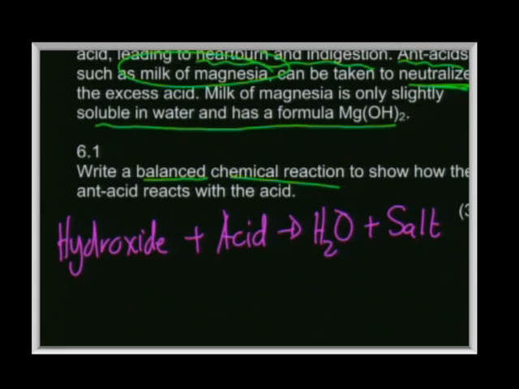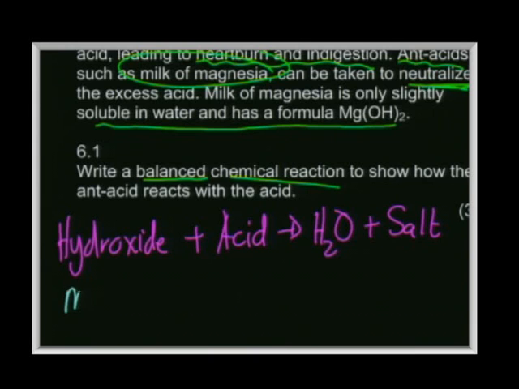Now, just like with the previous equation, the type of salt that is formed will depend on the chemicals that you use in the reaction. In this case, they told us that we had magnesium hydroxide, Mg(OH)2, and they told us it was going to react with the acid in your stomach, which is hydrochloric acid, HCl.